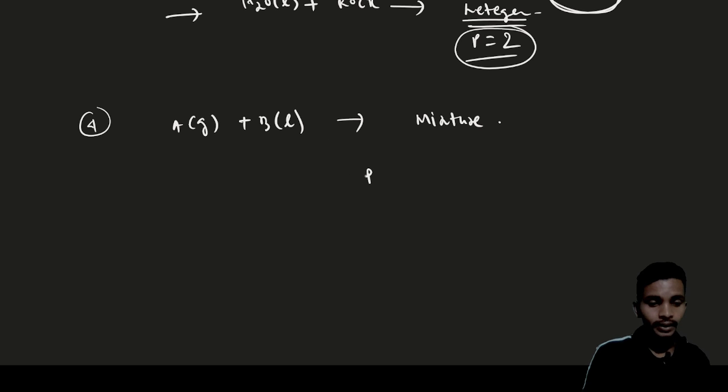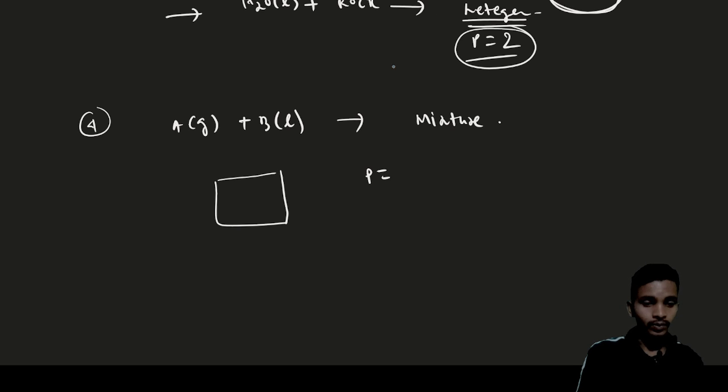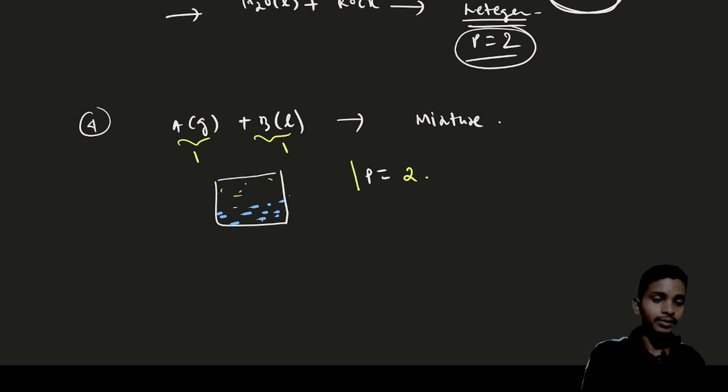Here, what you see with naked eyes is one phase. In this case, there is liquid and gas also. If anybody says, sir, although with naked eyes we see only the liquid, but the person says that here gas is there and liquid is there, then we say okay, up to here liquid is there, then the above has to be gas, so pH equals 2, because the gas will give 1 phase and the liquid will give 1 phase, so total pH is 2.